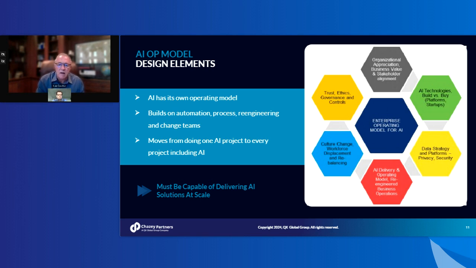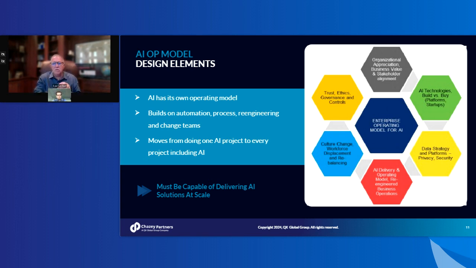When we sit down and have a conversation with an organization who is going to be going through an OpModel transformation, we say, hey, we highly recommend that you include these AI design criteria in your operating model transformation work. And they're like, well, unpack that for me. What's in that?